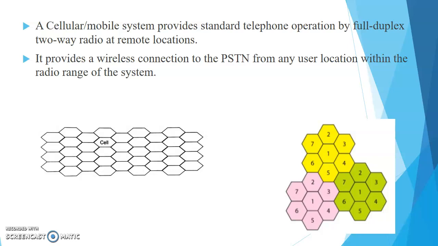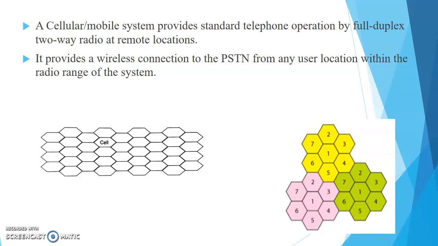Geometric shapes means it can be a square, triangle, pentagon, etc. These areas may overlap and cells may be of different sizes. Cells can also overlap or not overlap, and the size of the cell will be different.